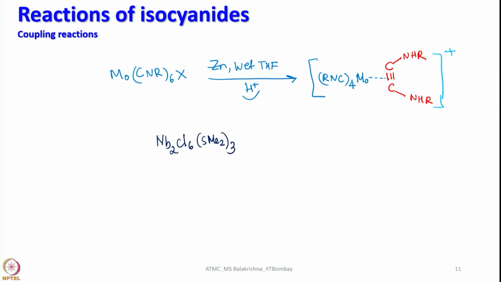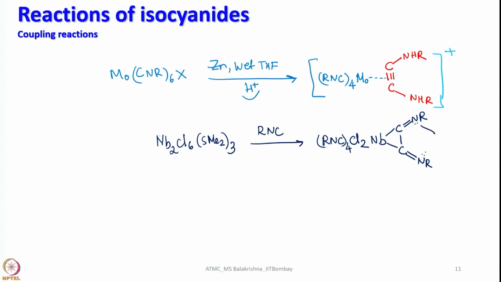This is a dimeric complex of niobium. When it is treated with isocyanide, of course an excess of isocyanide, and now you should remember they have lone pairs intact.